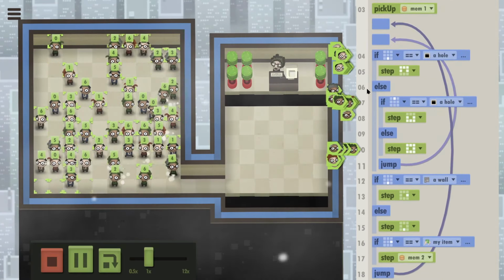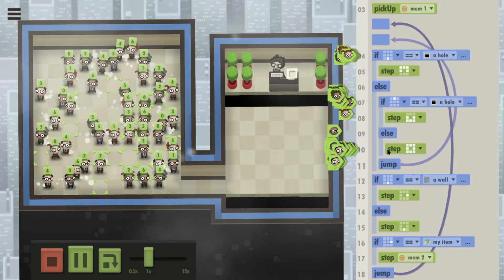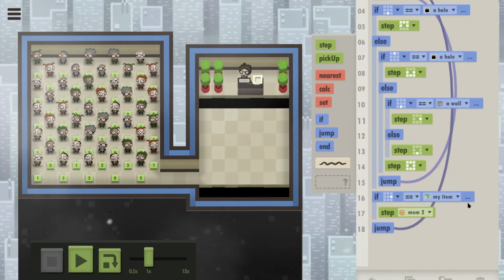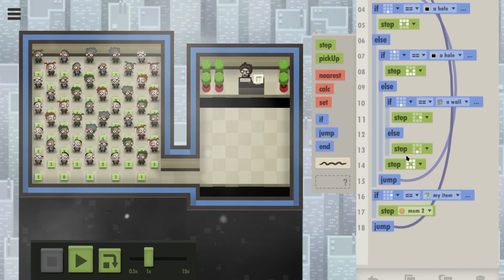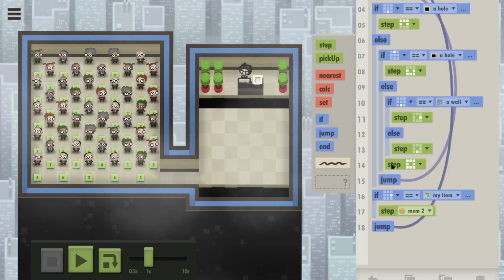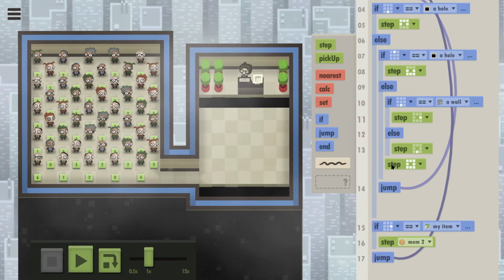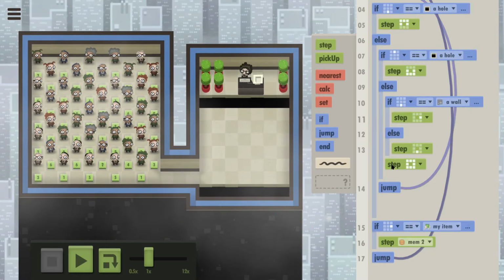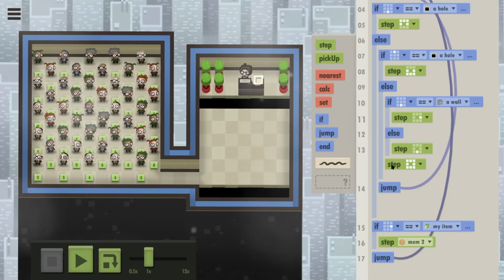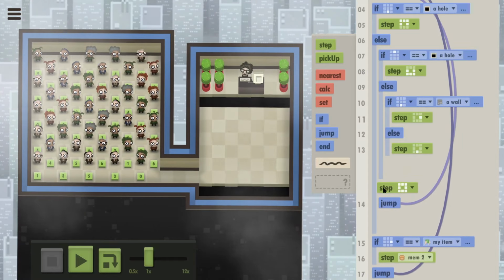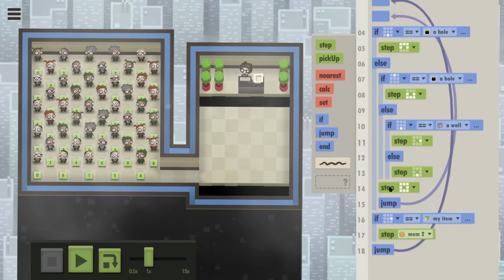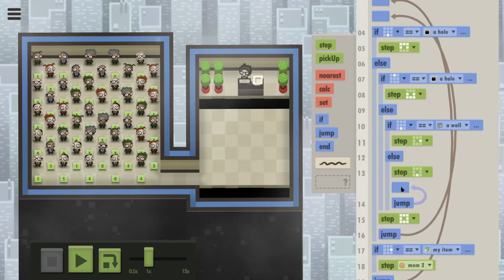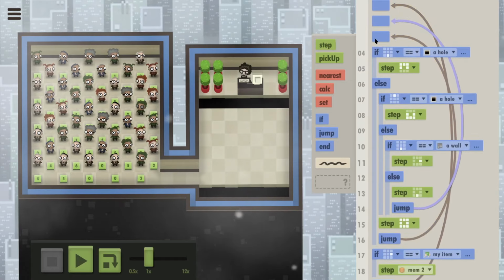That equals a hole, else equals that, else step. Right, so that should be in there. Then we need to jump from here to there as well. Try that.